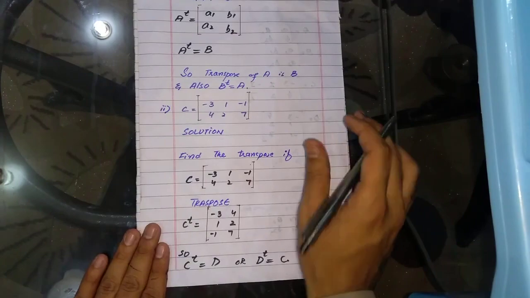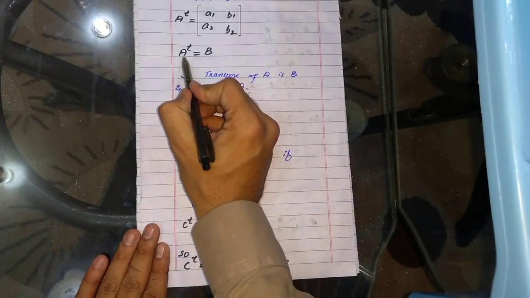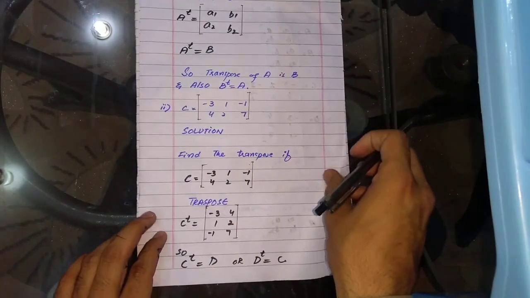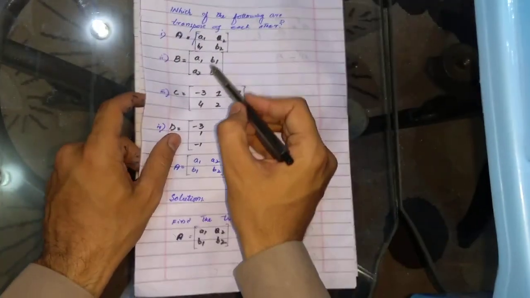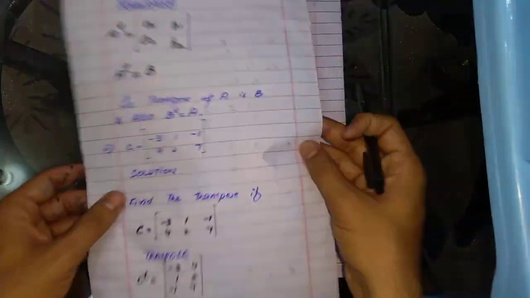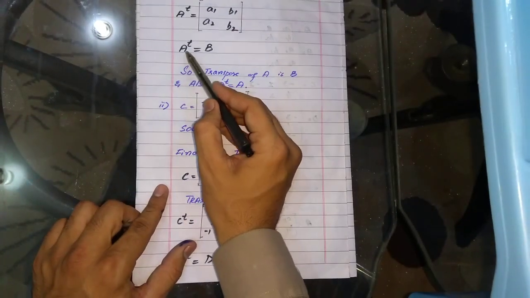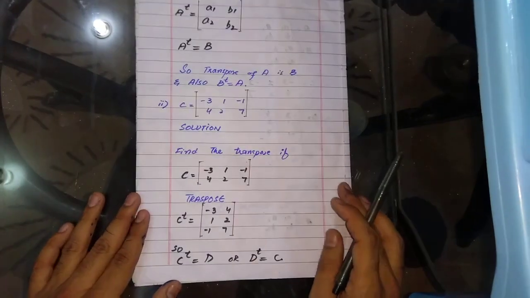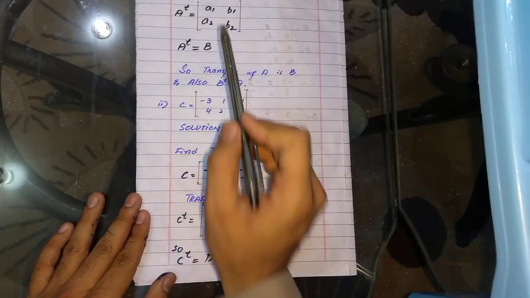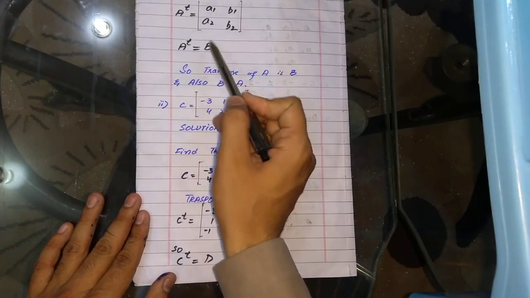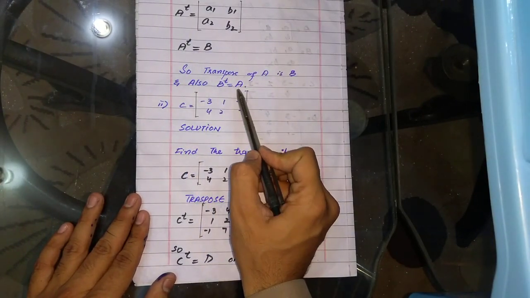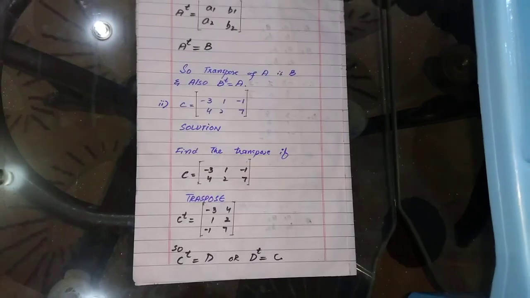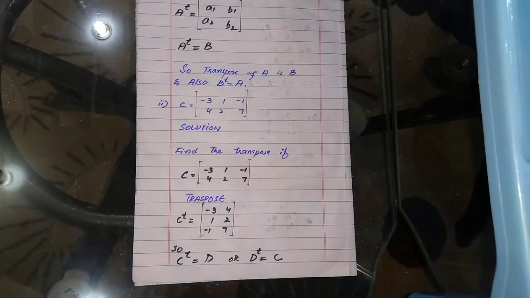So you can see that the transpose of matrix A is equal to matrix B. If the transpose of A is equal to B, then the transpose of B is also equal to A. So you can say that A and B are transpose of each other.